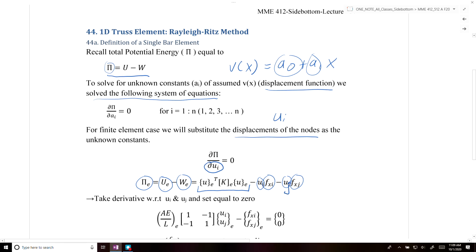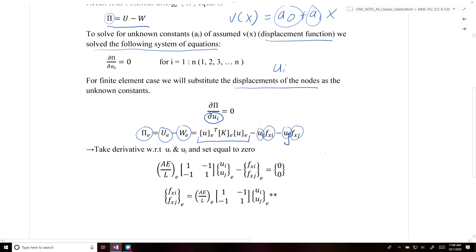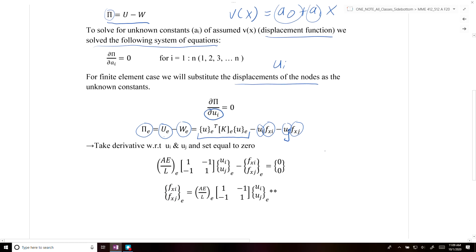All right. So if we take the derivative with respect to u of i and u of j, and we set both of those equal to 0, we basically will end up with two equations which we can write in matrix form here, and then if we move the fxi and fxj terms to the other side, we'll end up getting this equation here.